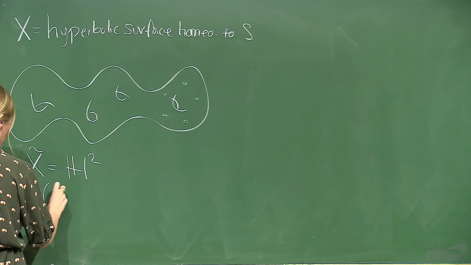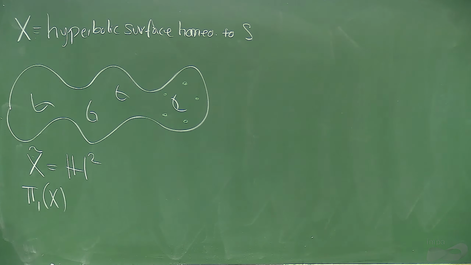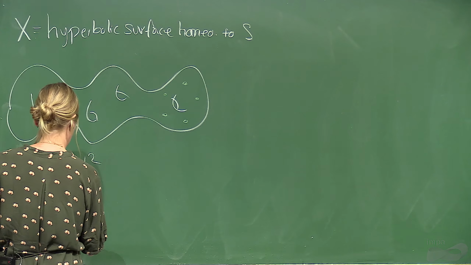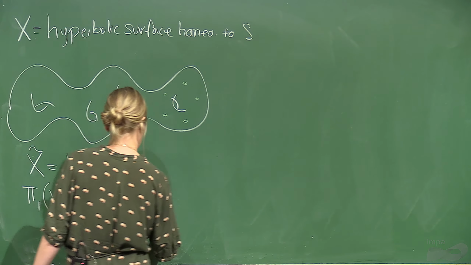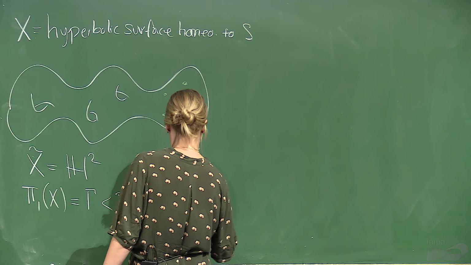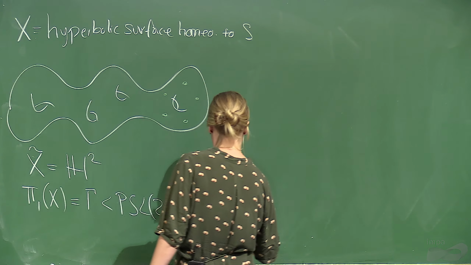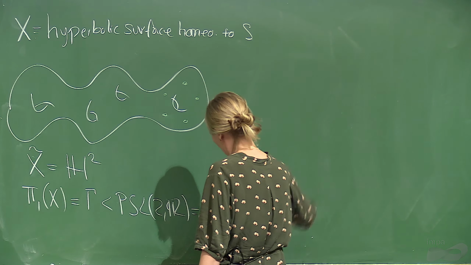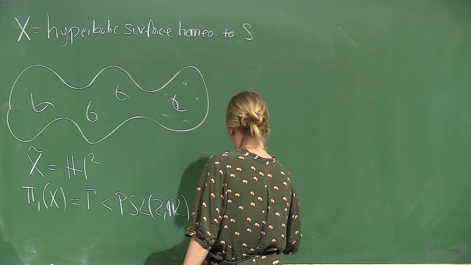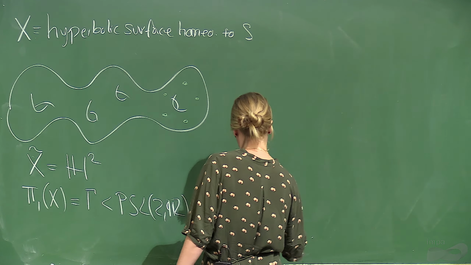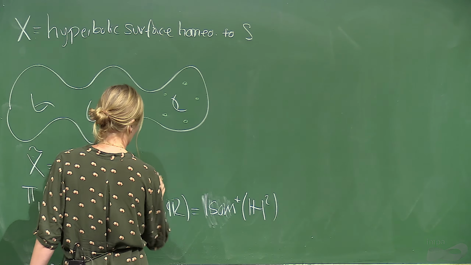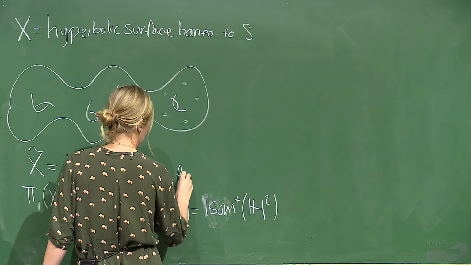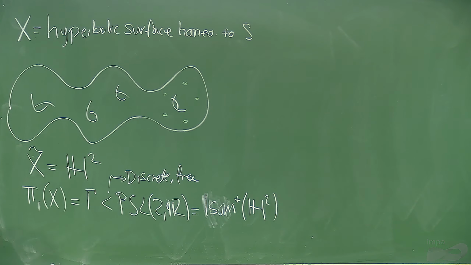Pi1 of the surface, pi1 of X or S, whichever you want, can be identified with a discrete subgroup of orientation preserving isometries, discrete and free, so no fixed points.